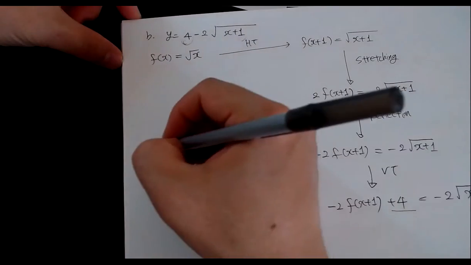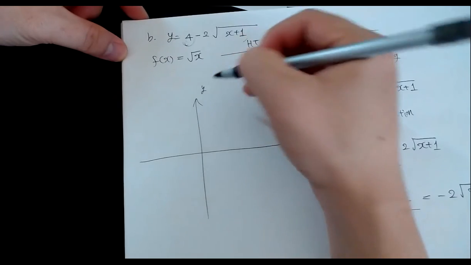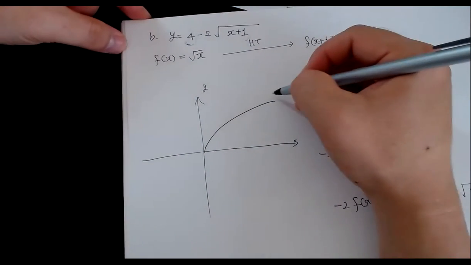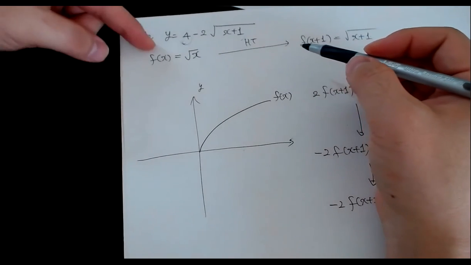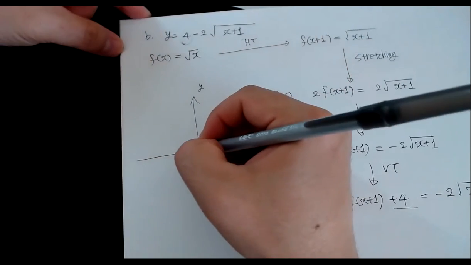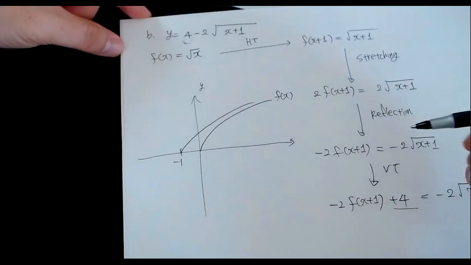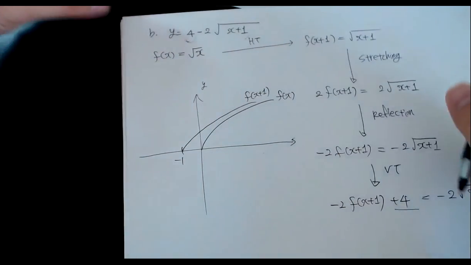Now, okay, so we plot the graph of y. This is the graph of f of x, by the way, and then we translate the graph of f of x to the left 1 unit. So it's negative 1. So we're going to get this. This is the graph of f of x plus 1.